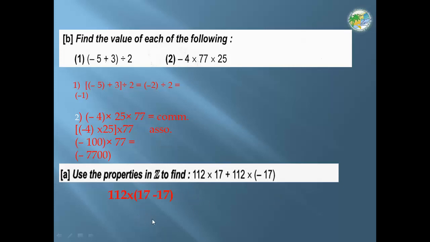Fine. I said before should answer اللي هو 2 numbers inside البراكت الأول. طيب 17 minus 17 equal what? 0. Any number times 0 equals 0. Fine.